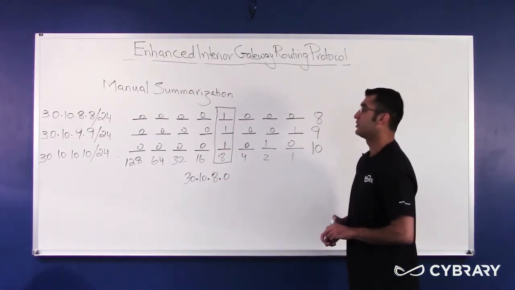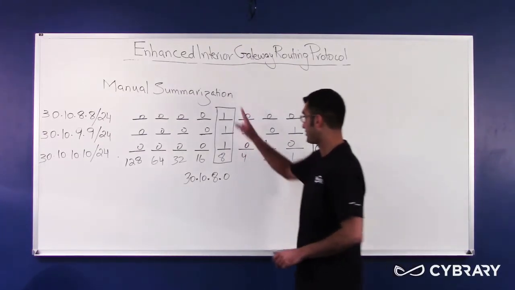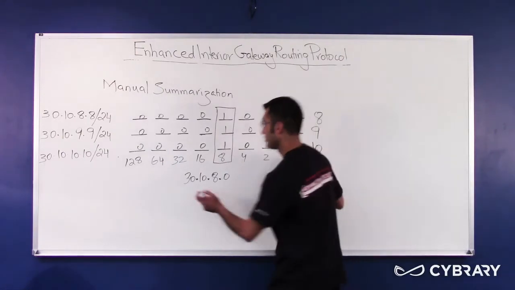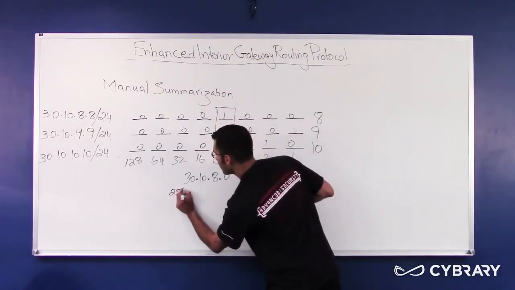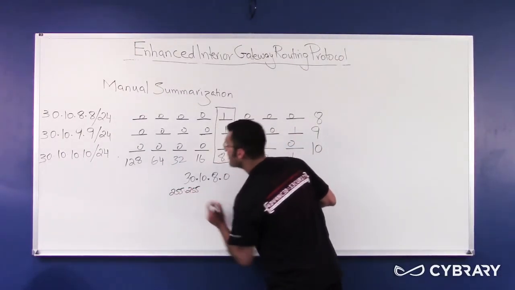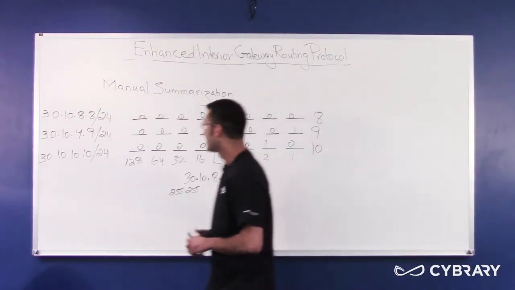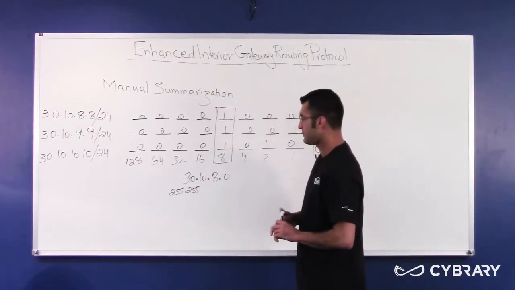And my mask is going to change. Remember, this is the third octet for all three networks. My mask is going to change to 255.255 because the first two octets are completely masked. It is the third octet that we're working in.